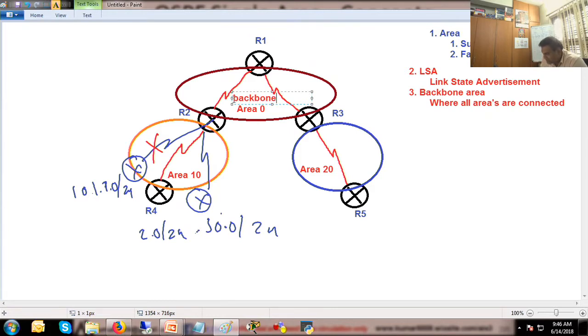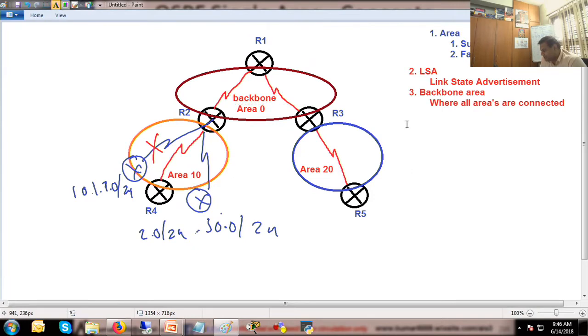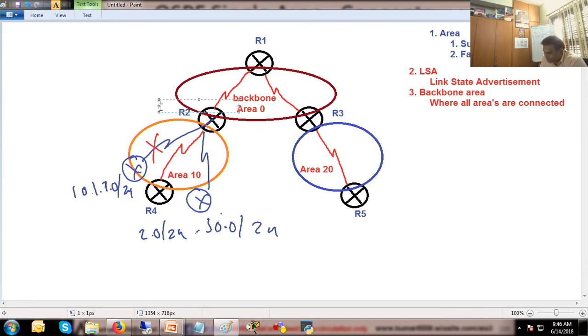The other areas are area 10, area 20. Now, every area will have one router, called the area border router, ABR.